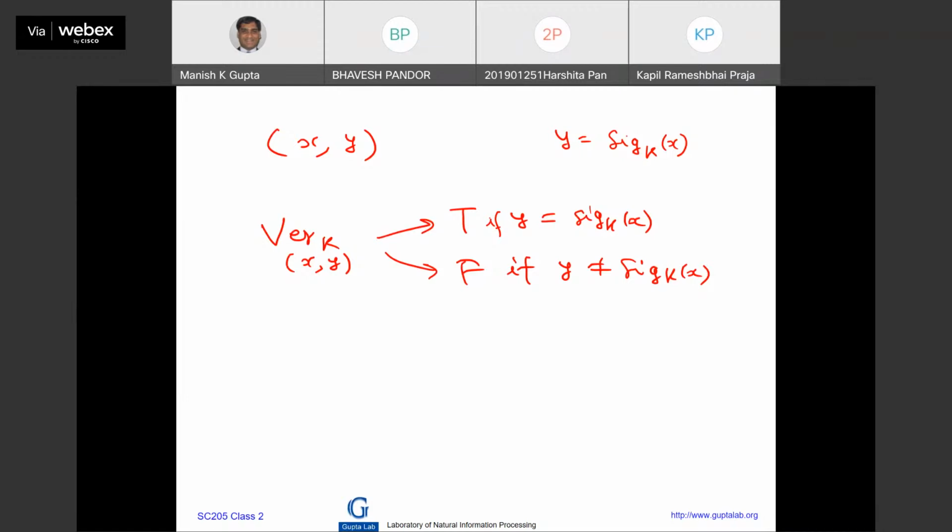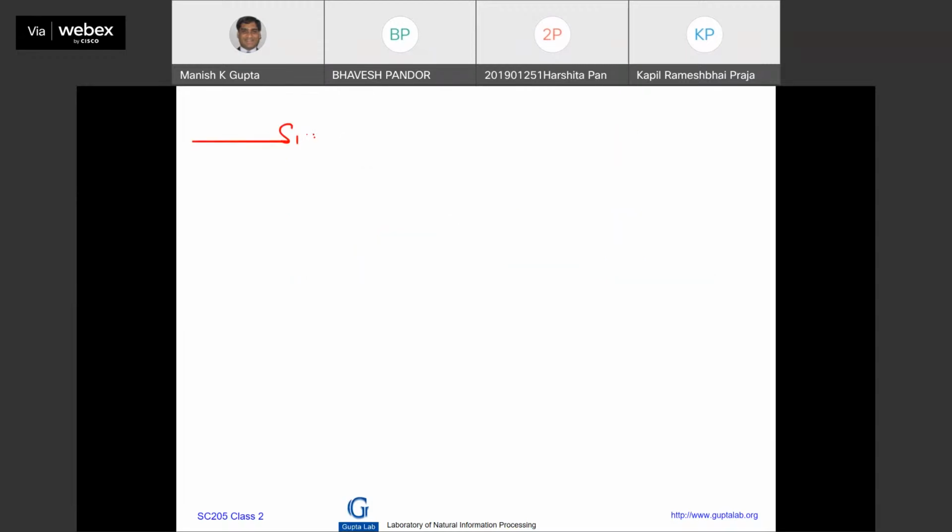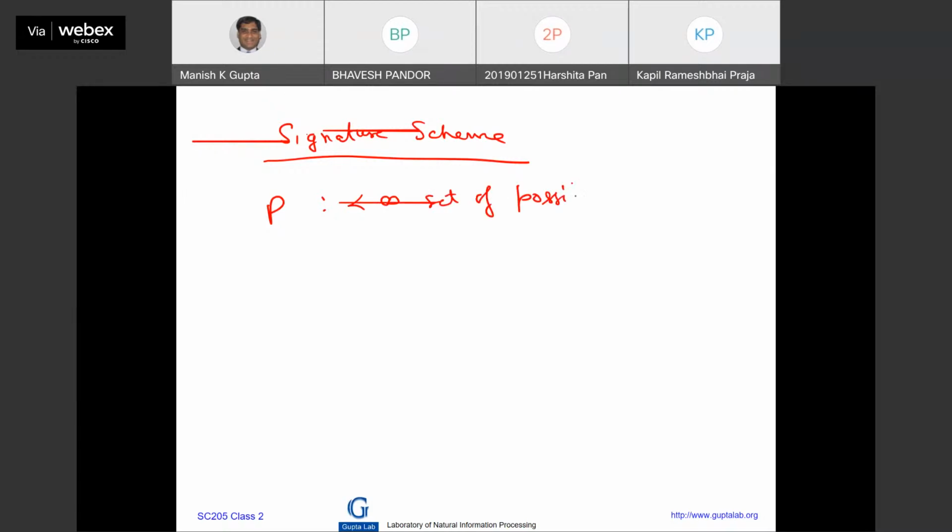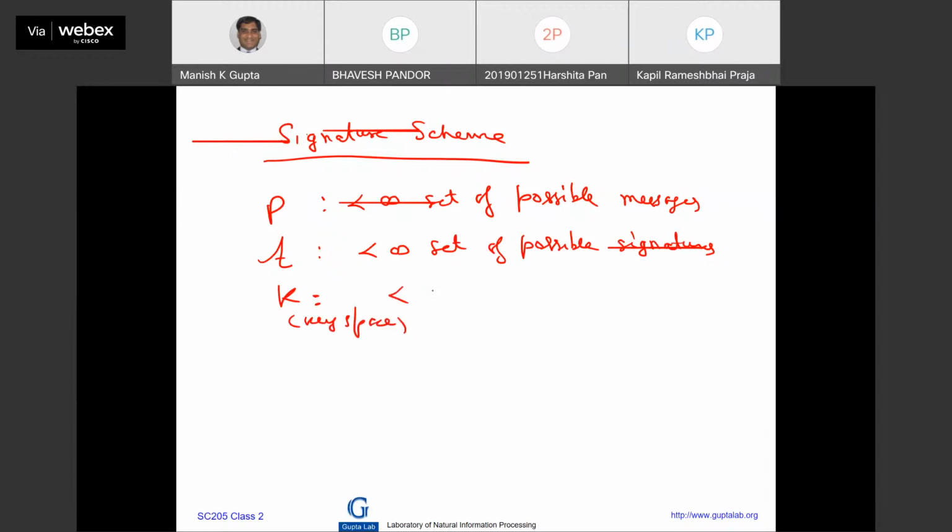So this is the general scenario, but formally, a signature scheme consists of P, a finite set of possible messages; A, a finite set of possible signatures; and K, the key space, again a finite set of possible keys.